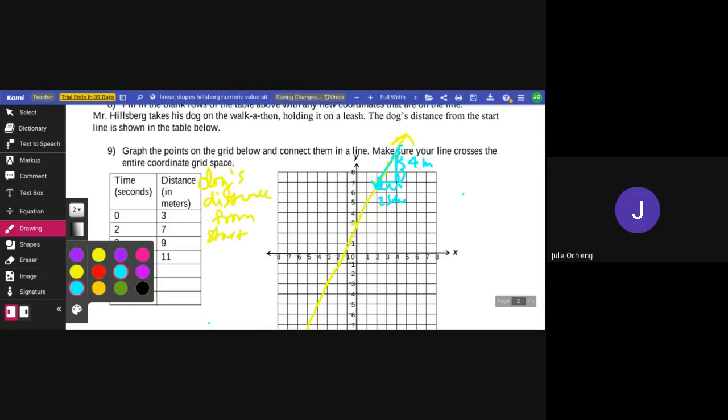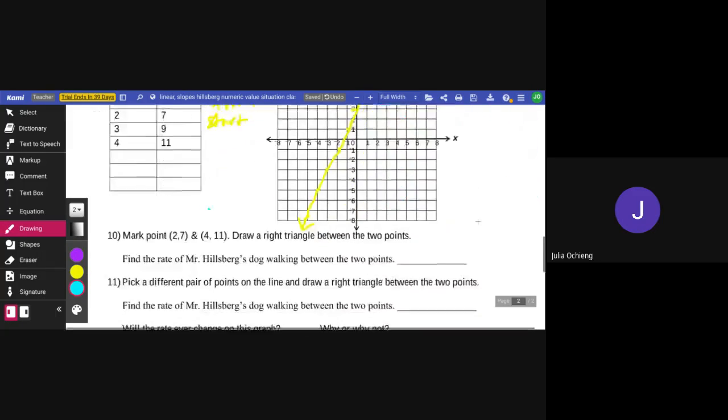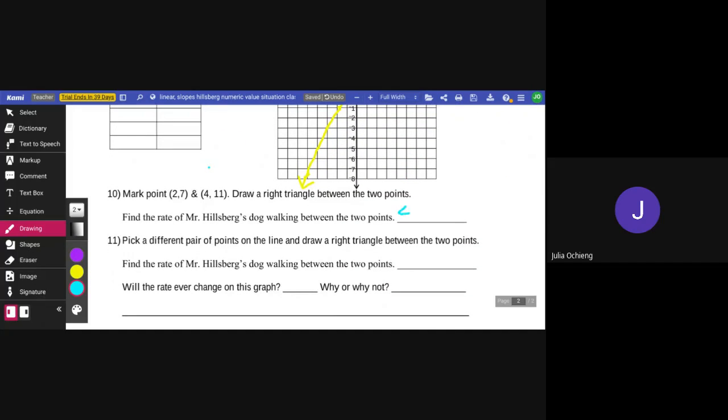So 7 to 11 is 7 to 8 to 9 to 10 to 11. That's 4 meters up. So that means it's going 4 meters for every 2 seconds, which if you reduce it by 2, ends up being 2 meters for every 1 second, which should be a familiar rate. We're going to write that down right here. We'll write both. 4 meters for every 2 seconds, or 2 meters for every 1 second.